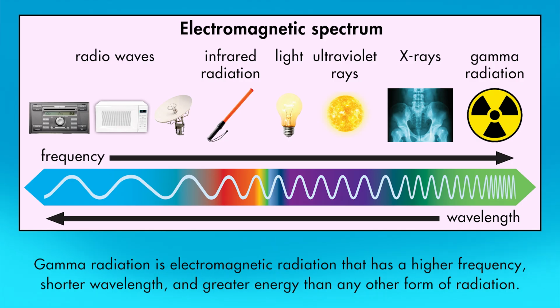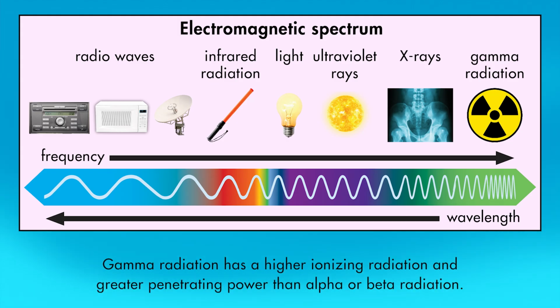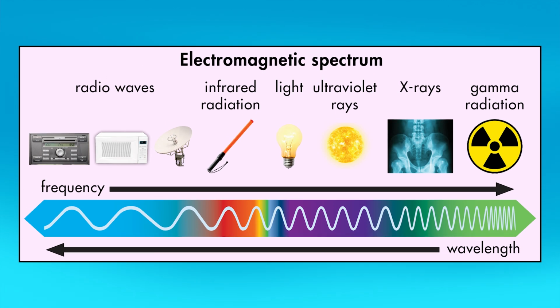Gamma radiation is electromagnetic radiation that has a higher frequency, shorter wavelength, and greater energy than any other form of radiation. As a result, gamma radiation has a higher ionizing ability and greater penetrating power than alpha or beta radiation, which makes gamma radiation the most hazardous type of radiation.